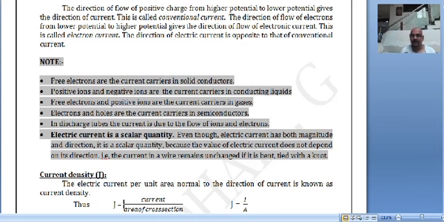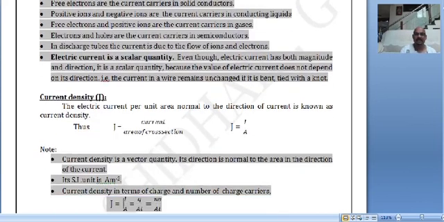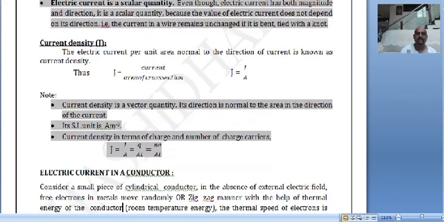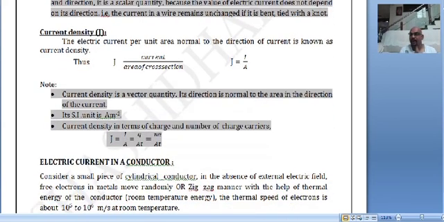This is an important term in current electricity, current density. Current density is the current per unit area normal to the direction of current. Here, current per unit area is important.